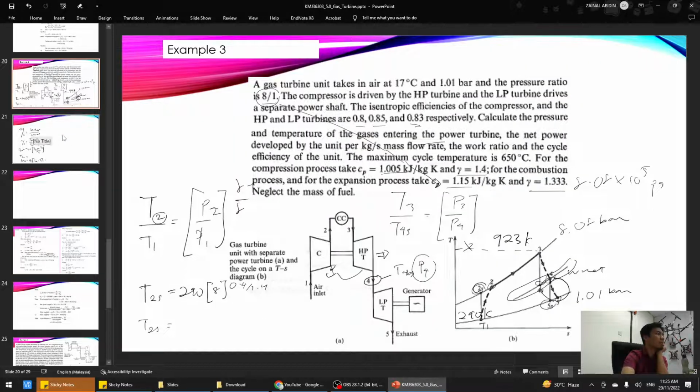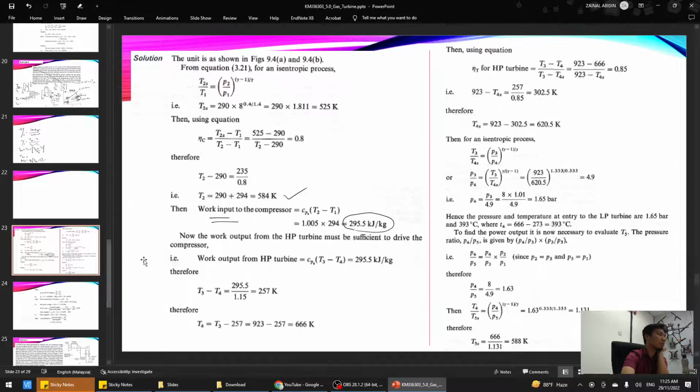Kemudian daripada soalan di sini you baca, the compressor is driven by high pressure turbine and the low pressure turbine drive a separate power shaft, which mean high pressure turbine ni 100% work output dia digunakan untuk rotate compressor. So work in automatically, work in dengan work out untuk high pressure turbine benda yang sama. So ini ialah work in, ini juga ialah work out high pressure turbine.